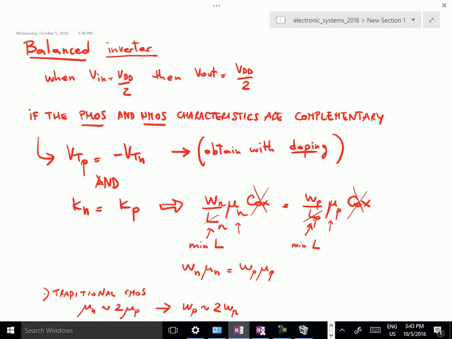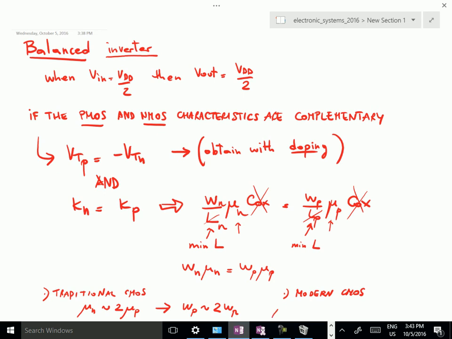This is what happens in traditional CMOS. For modern CMOS, we have materials engineering. You remember the thing that we discussed last week. Basically, we use strain for silicon in order to change the property of the material, and in particular to equalize the mobility of electrons and the mobility of holes.